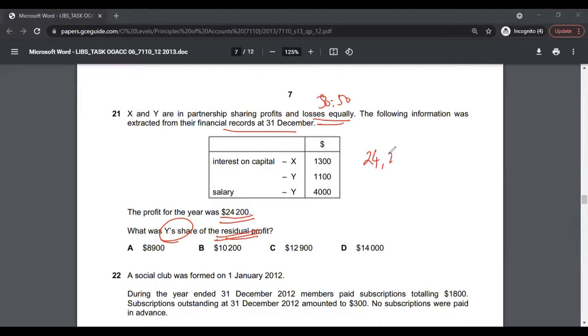We will deduct 1,300, 1,100 minus the salary of 4,000. And I would have some number here, X dollars, and then this X dollar will be multiplied by 50%.